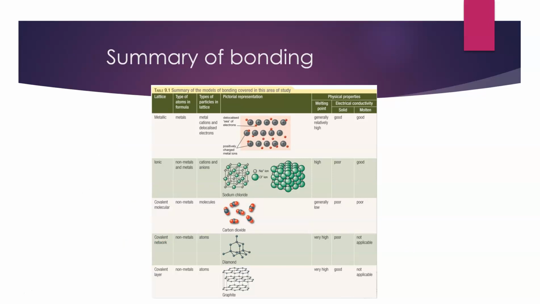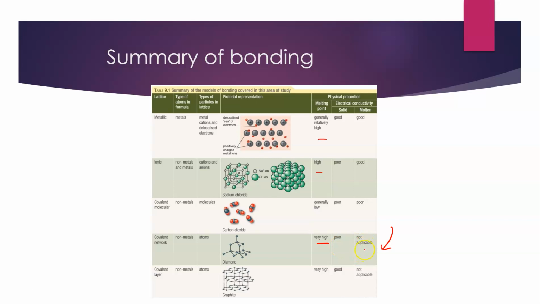Essentially, you need to be able to summarize this bonding in terms of how they are similar or dissimilar to the types of bonding that we've seen before. Our covalent network lattices, remembering, have very high melting points, so they will be able to be spotted from molecular compounds which have low. And then when we come to comparing the other ones that have high melting points, such as metals and ionics, it's important to remember that they will have little to no conductivity in the solid state or the molten state.